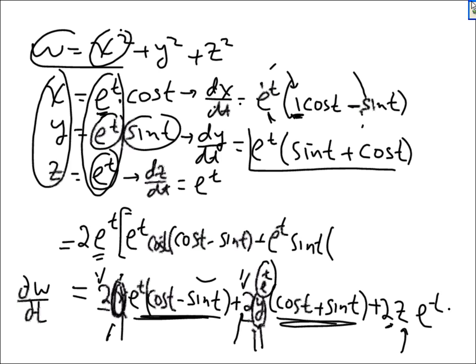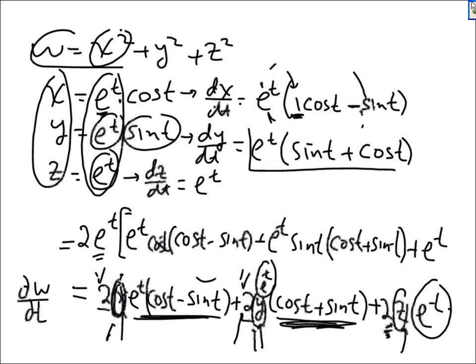Sine of t times this mess. Cosine t plus sine t. Plus, I wrote down the 2. I wrote down part of z. Well, actually, z was just e to the t. Plus that e to the t. Okay, so we have this.